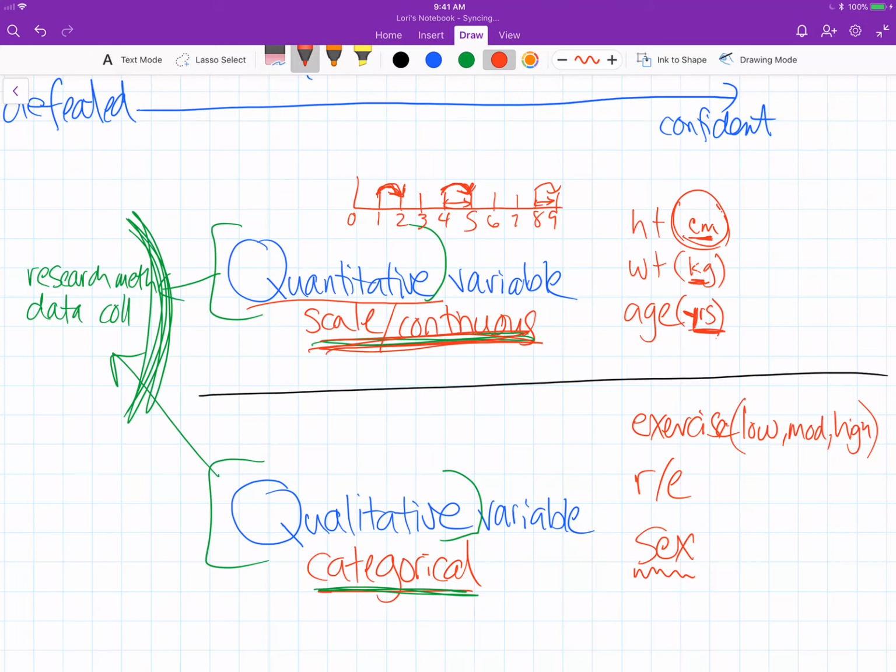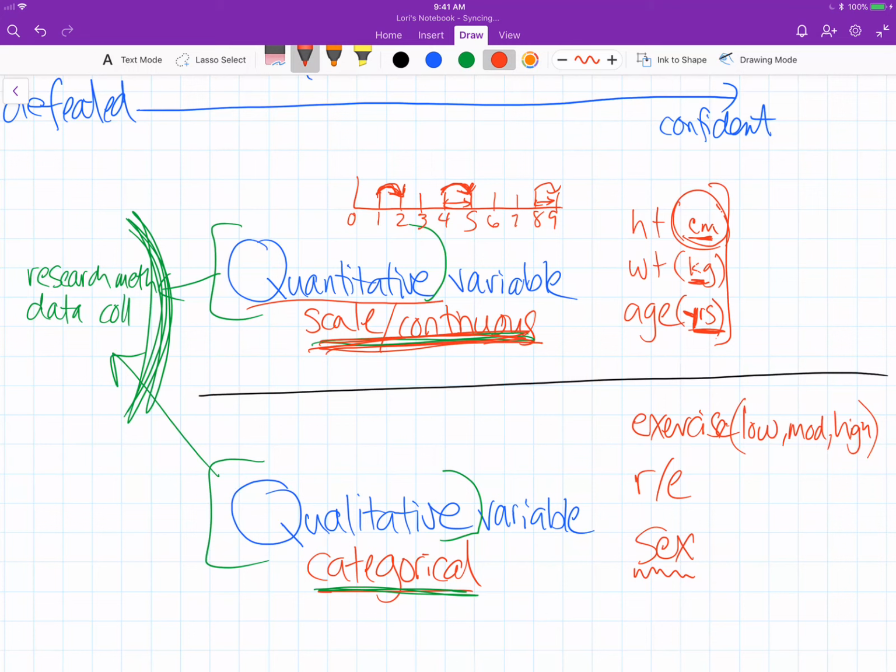So if somebody is 150 centimeters, that indicates how tall they are, or they're 56 kilograms, or 23 years old, then those units really help you to identify that as a scale or a continuous variable.